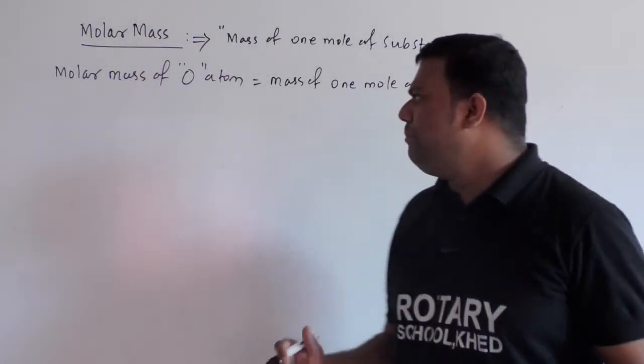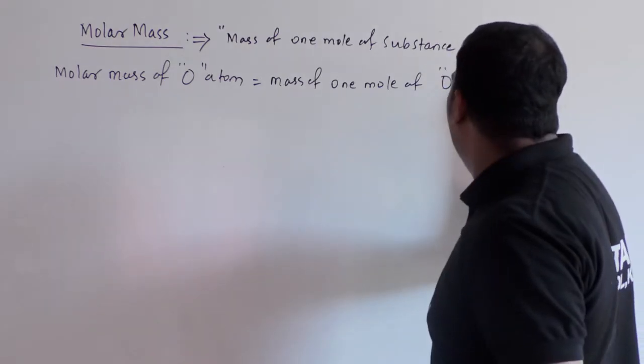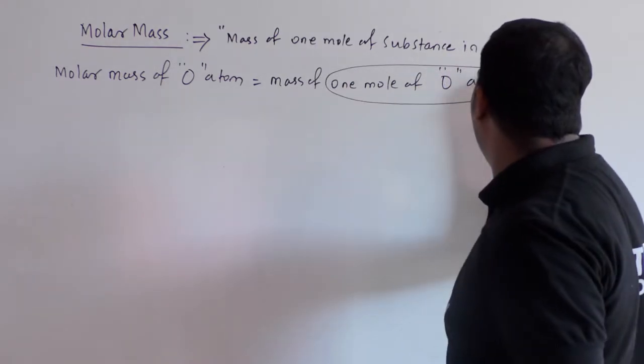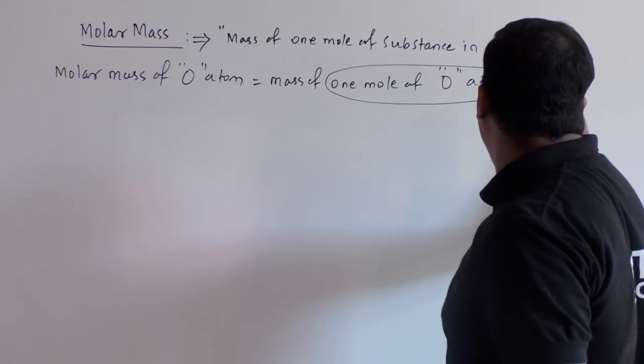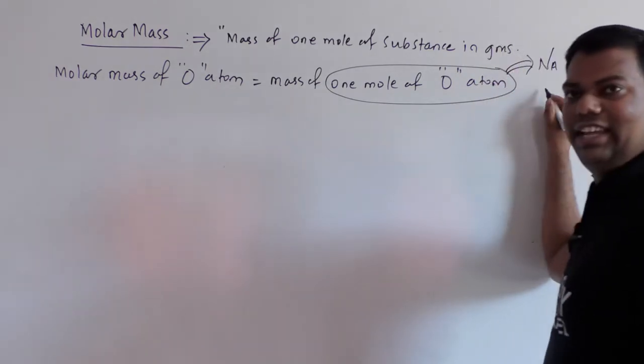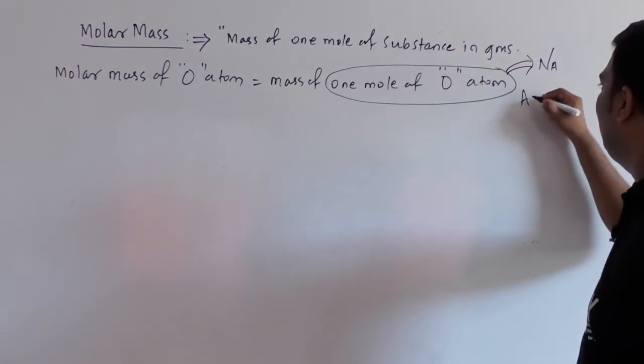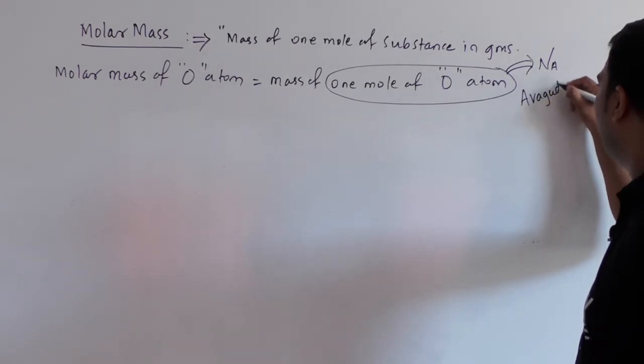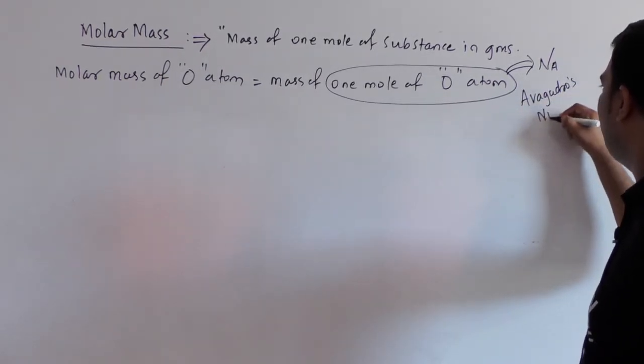ठीक है? And beta, this thing you know, 1 mole of oxygen atom is what? Directly related with Na, and this Na is what we call it as Avogadro's number.